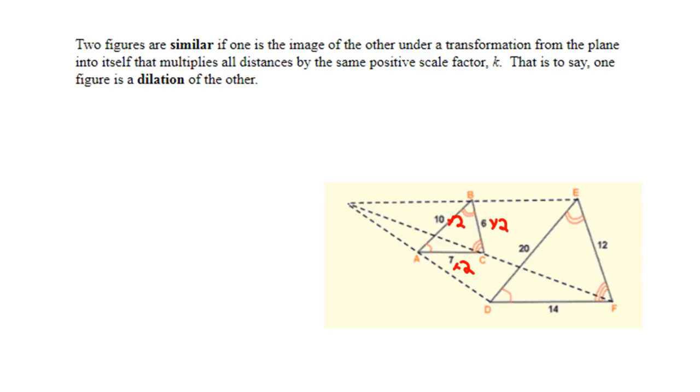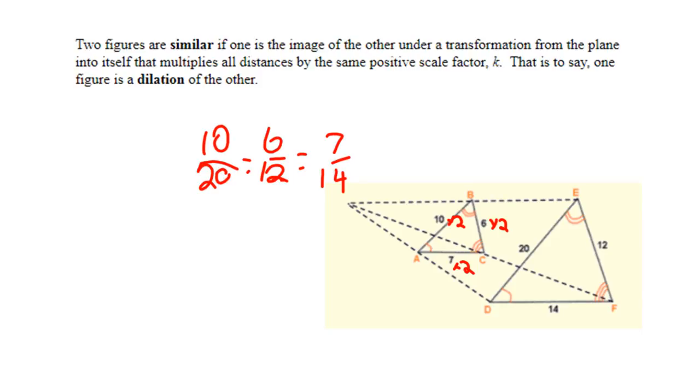Since there is a proportion there between the side lengths, so we've got 10 over 20, which is equal to 6 over 12, which is equal to 7 over 14. All of those side lengths are proportional. That tells us that we do have similarity within that triangle.